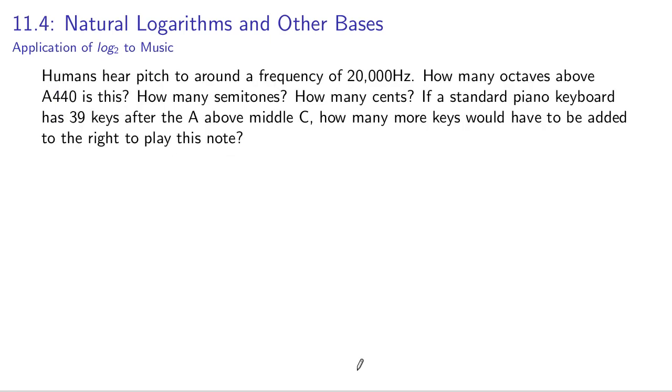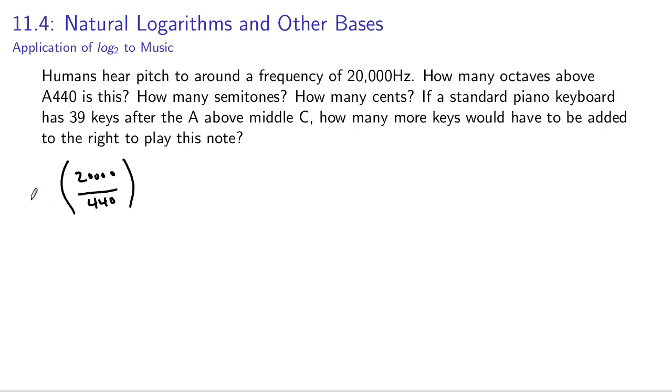So let's apply this. Humans hear pitch to around a frequency of 20,000 hertz. How many octaves above A440 is this? Going back to our equation, we have to find the ratio of the two frequencies. One of the frequencies is 20,000 hertz, and the other is 440, because we're talking about above A440.